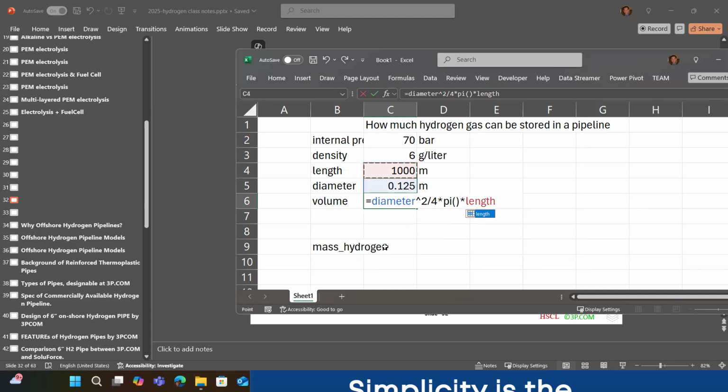This is simply the volume in terms of cubic meter, and we need to change this volume to liter. How to change the volume to the liter?